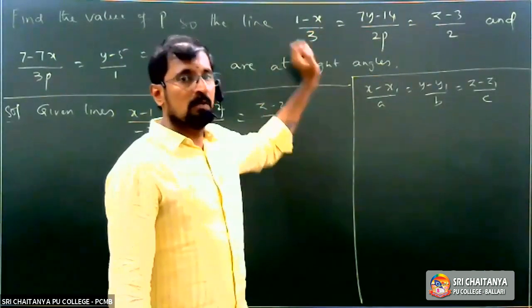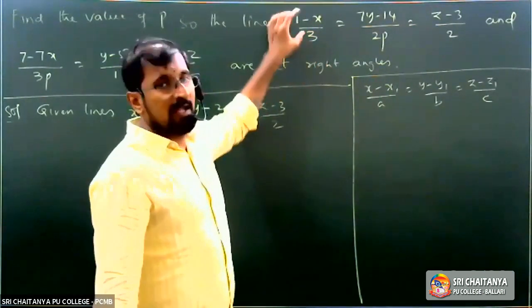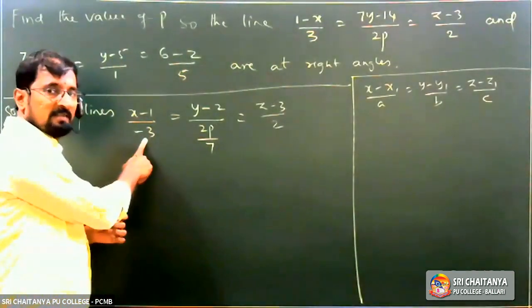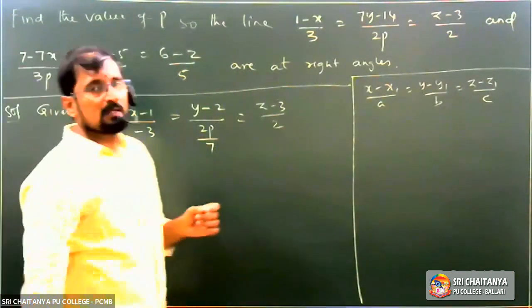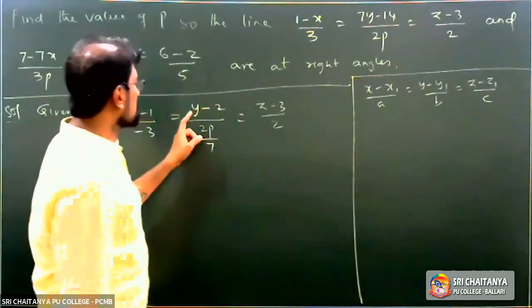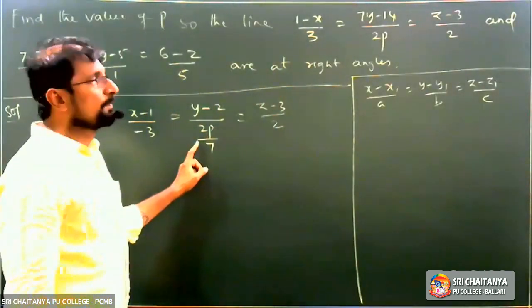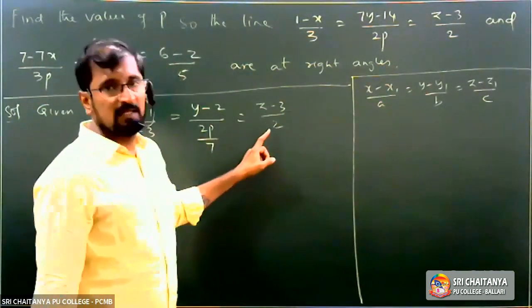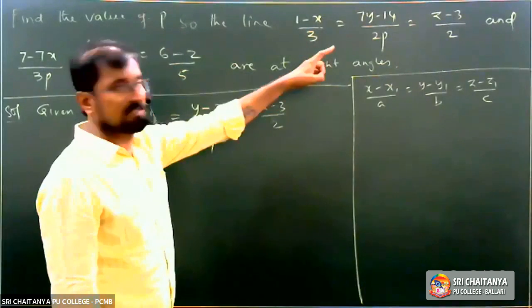So I took minus common. Then I can write this step as (x minus 1)/minus 3 is equal to, the coefficient of y should be 1, right? So it must be (y minus 2)/(2p/7), right? Is equal to (z minus z1)/c, c as it is, right?